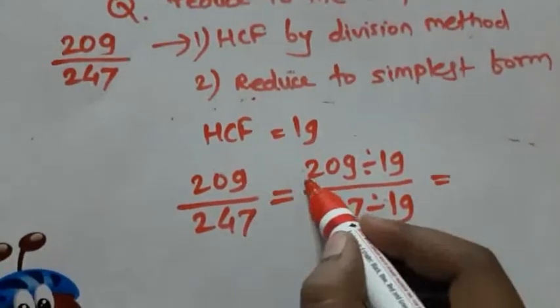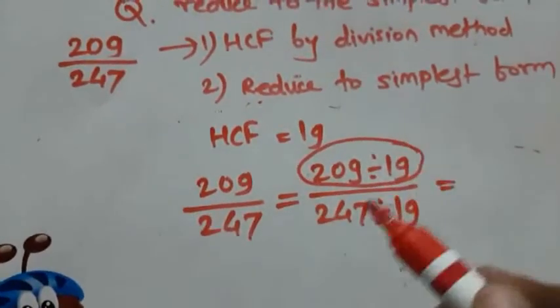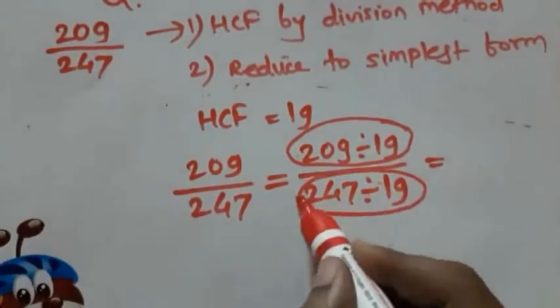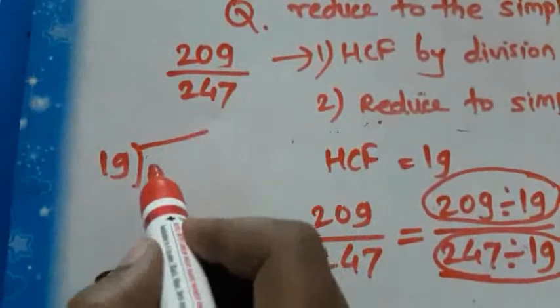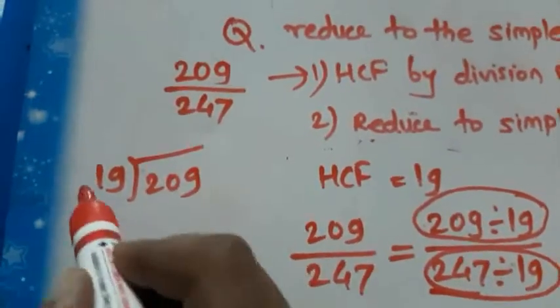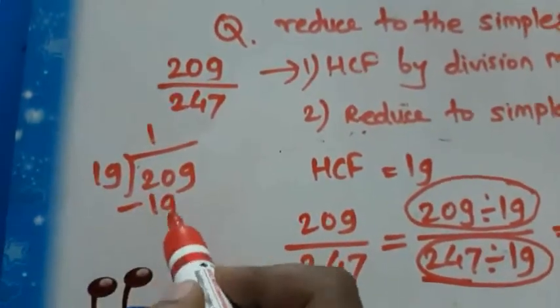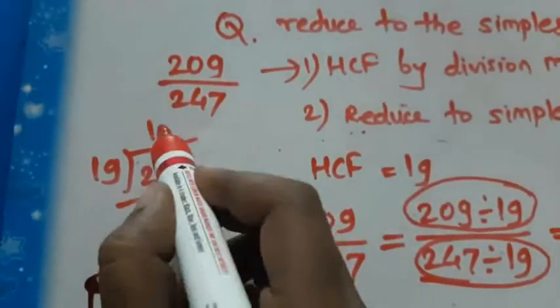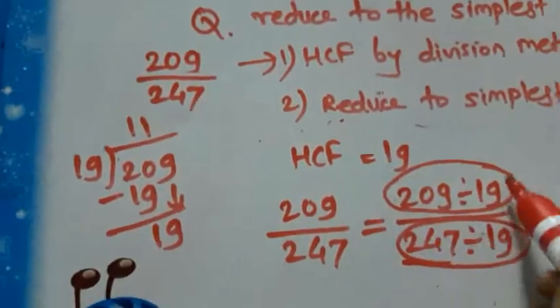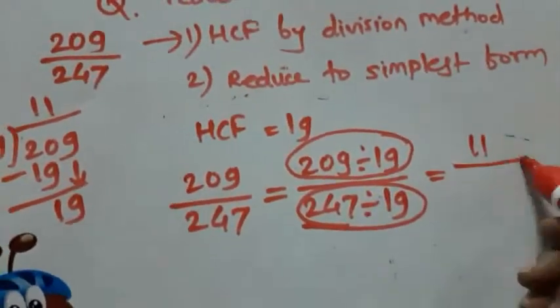So just check what the answer of this is. We will check 209 divided by 19. 19 ones are 19. 1 will remain. This 9 we will take down. Again 19. So 11. So the answer for this is 11.